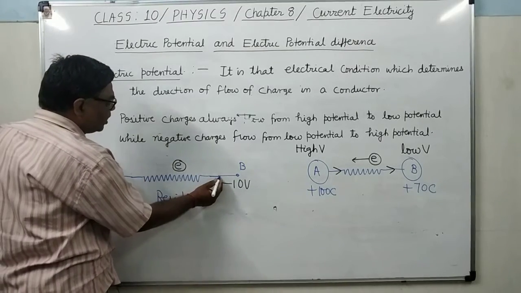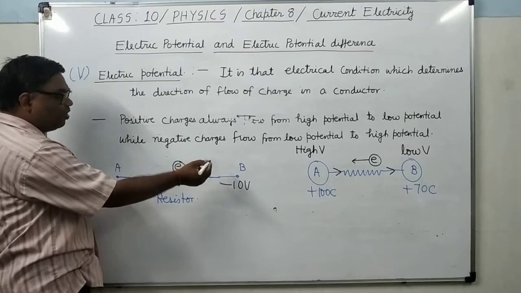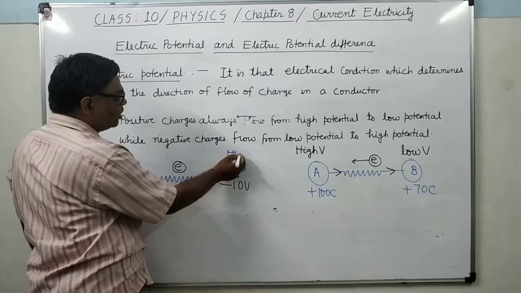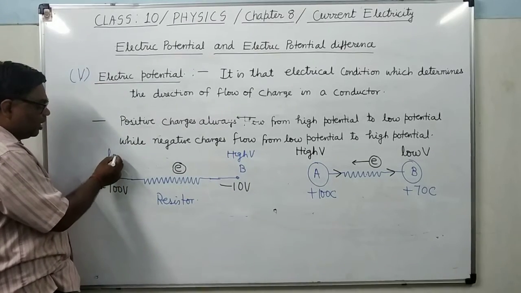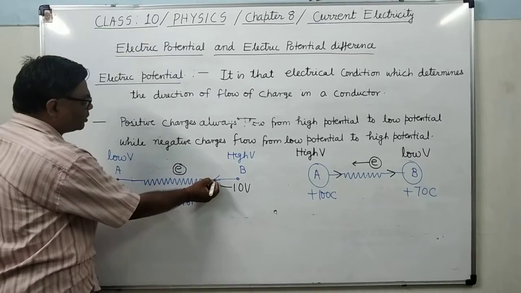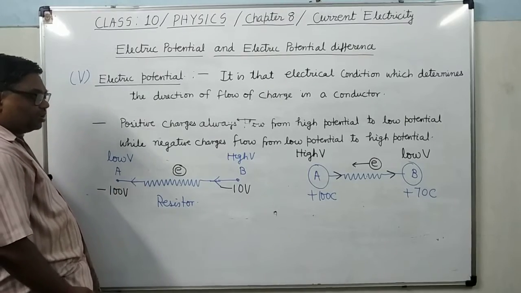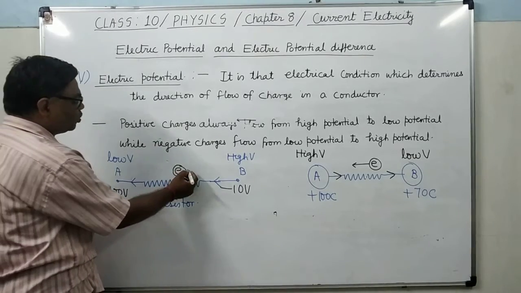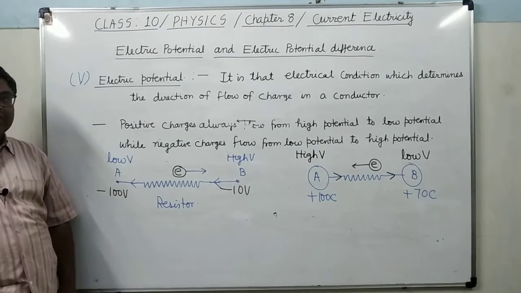Because B is less negative and A is more negative. Therefore, B will be at high potential and A will be at low potential. Electric current will flow in what direction? From B to A. Electrons will flow in what direction? Opposite to that, in this direction. Is it clear?